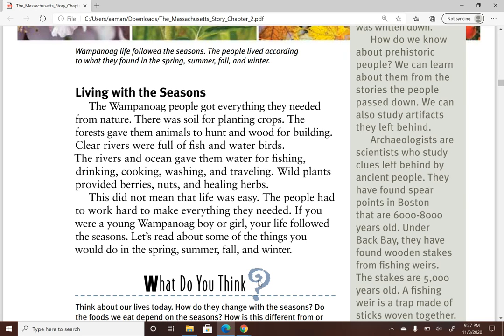Wild plants provided berries, nuts, and healing herbs. This did not mean that life was easy. The people had to work hard to make everything they needed. If you were young Wampanoag, boy or girl, your life followed the seasons. Let's read more about some of the things you could do in the spring, summer, fall, and winter.